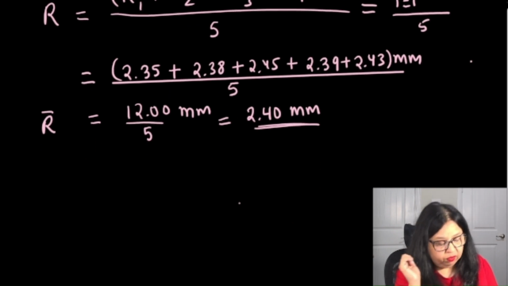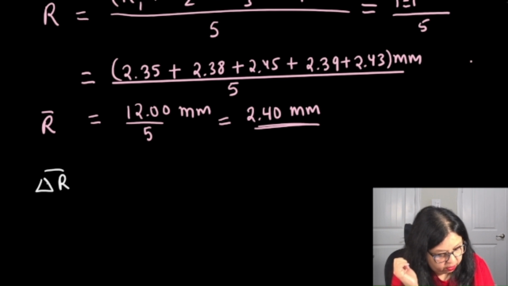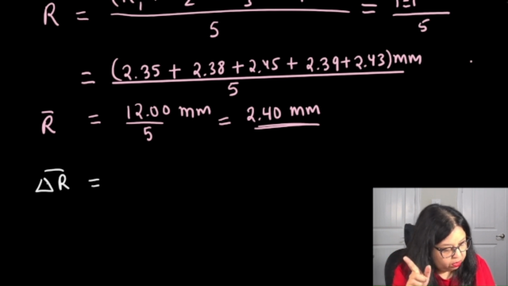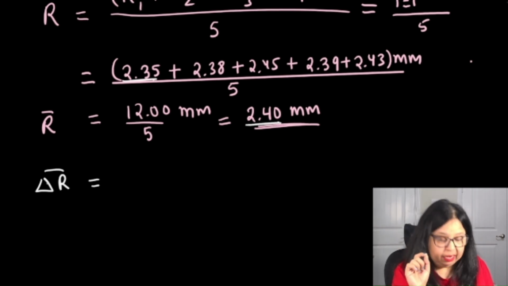Next, now we're going to solve for delta R bar. That is going to be equal to R bar minus R1's absolute error.